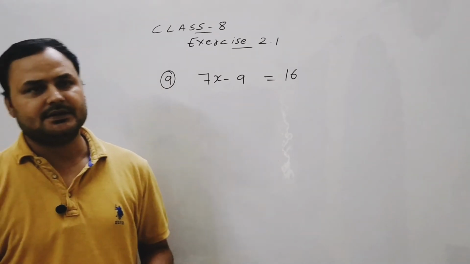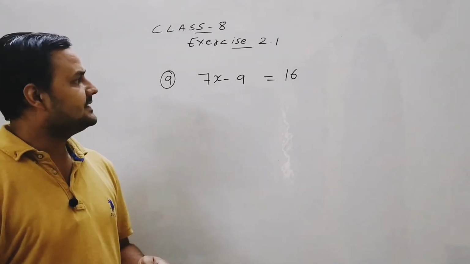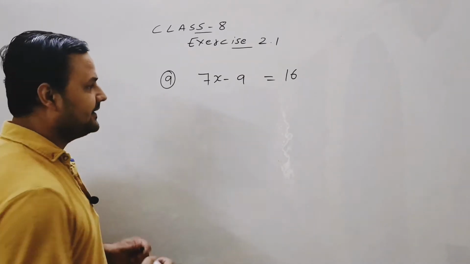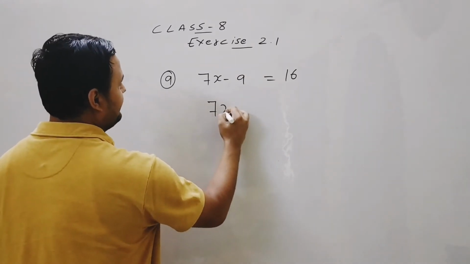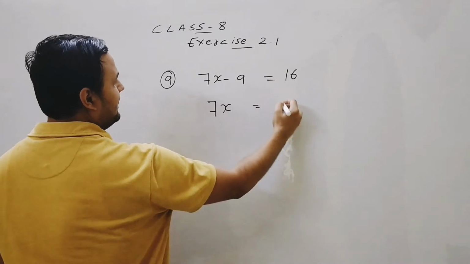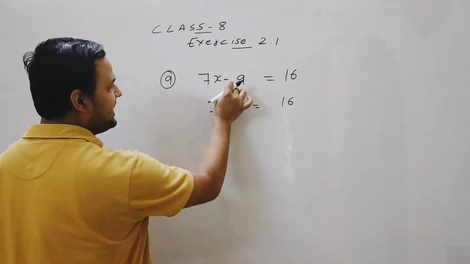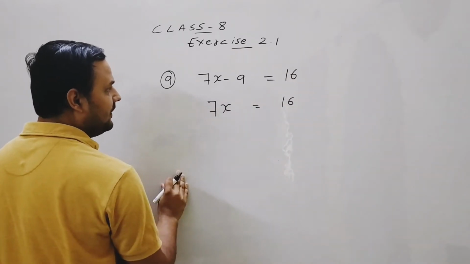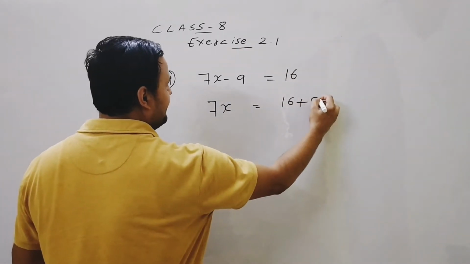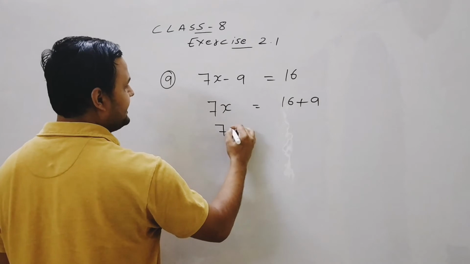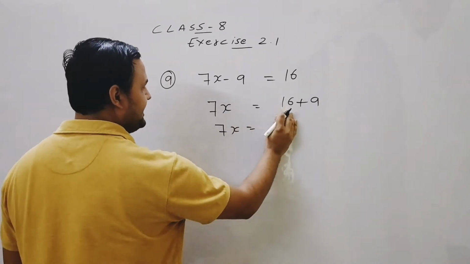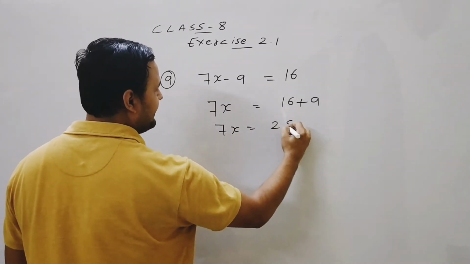Question number 9. 7x minus 9 equals 16. So 7x will be on the left hand side. On the right hand side, already 16 I have. This minus 9, when it goes on the right hand side, will be plus. Now 7x equals 16 plus 9, that is 25.